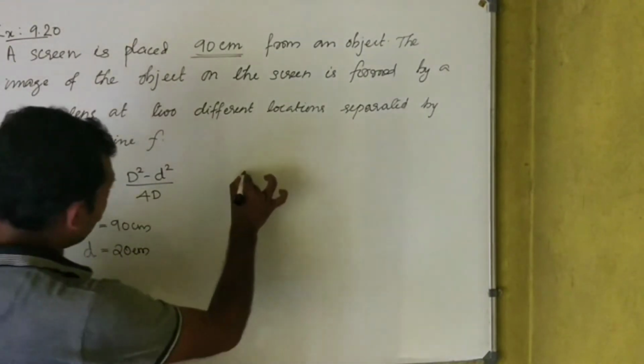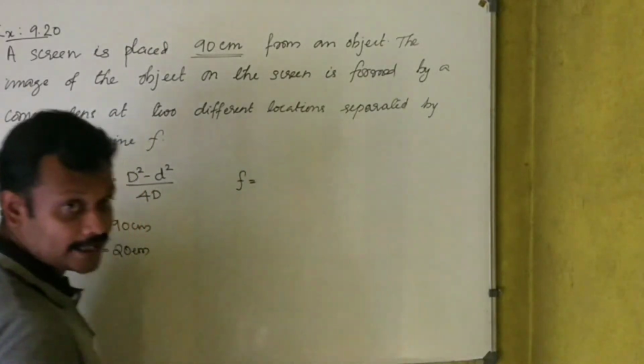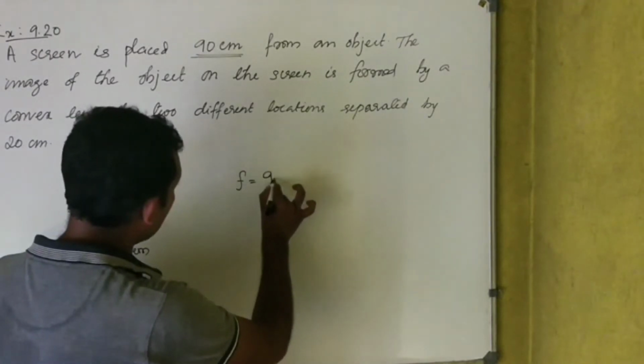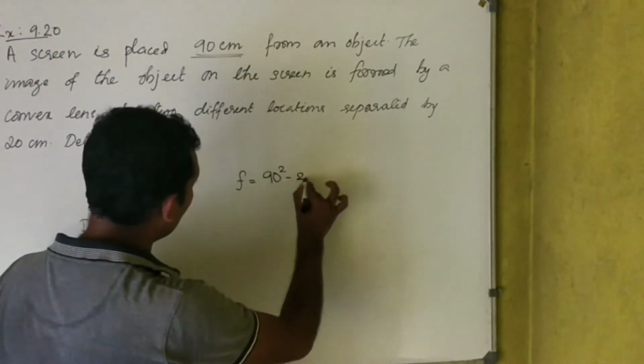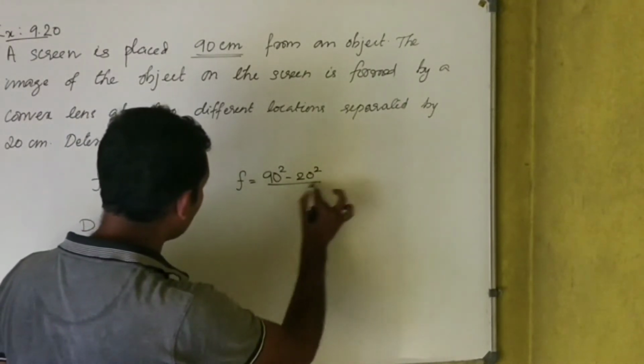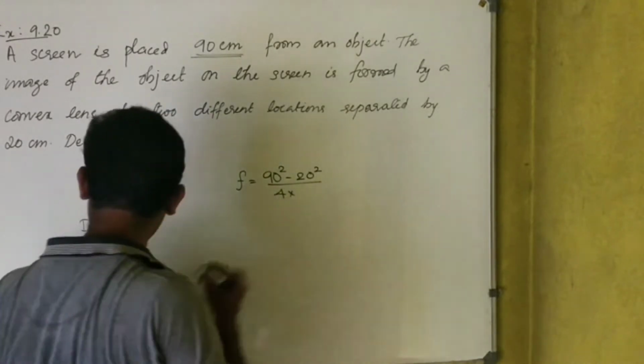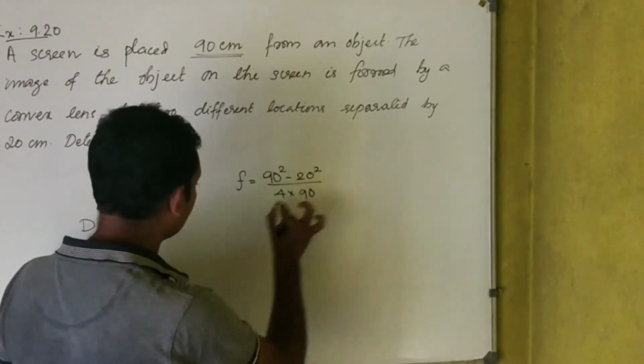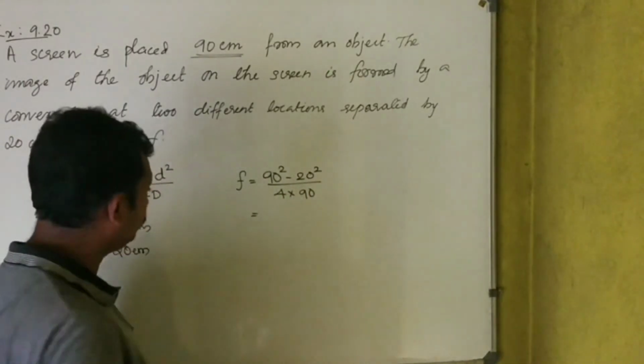Now let's calculate the focal length easily. What is focal length f going to be here? This is 90 square minus 20 square divided by 4 into capital D, right? Let us simplify this.